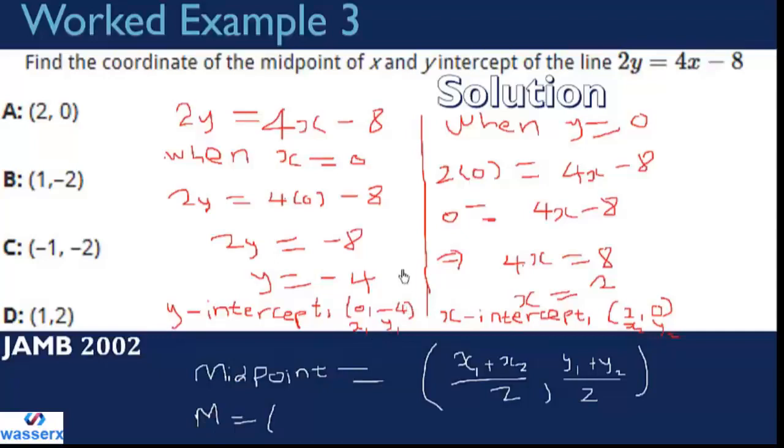So we have the midpoint equal to 0 plus 2 over 2, then negative 4 plus 0 over 2, and this is going to give us (1, -2). Hence the midpoint is (1, -2).